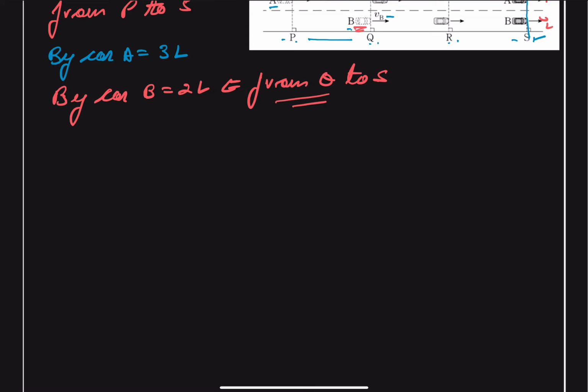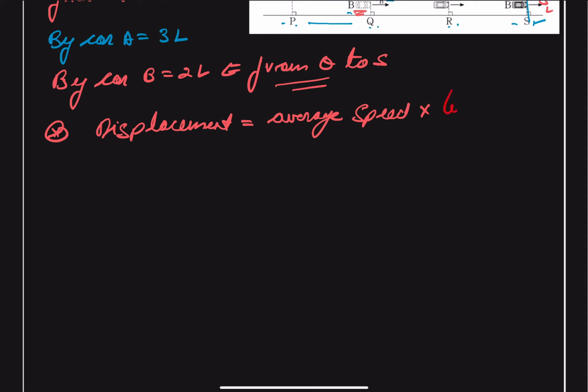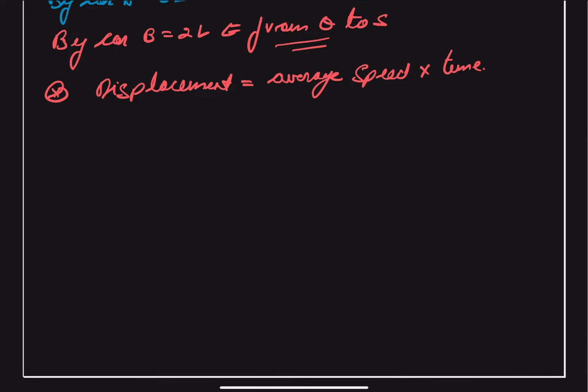So we can write that the displacement is equal to average velocity multiplied by time. We can rewrite this formula for car A. Car A total displacement is 3L.